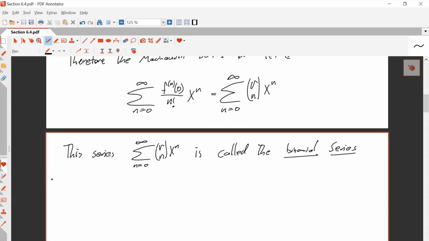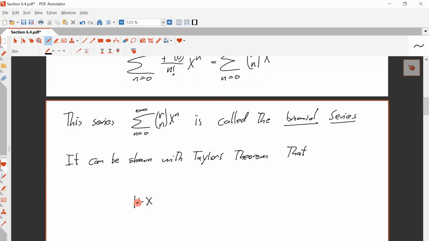And it can be shown using Taylor's theorem that the function equals that: 1 plus x to the r is equal to the sum from n equals 0 to infinity of r choose n, x to the n, for all x with absolute value of x less than 1.